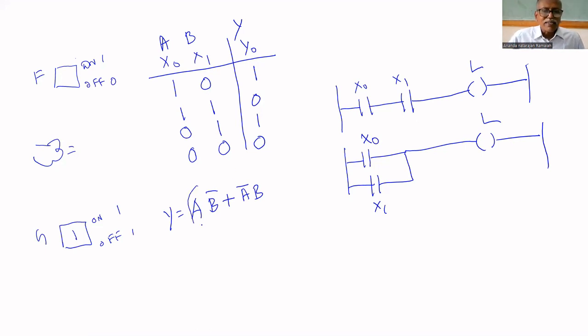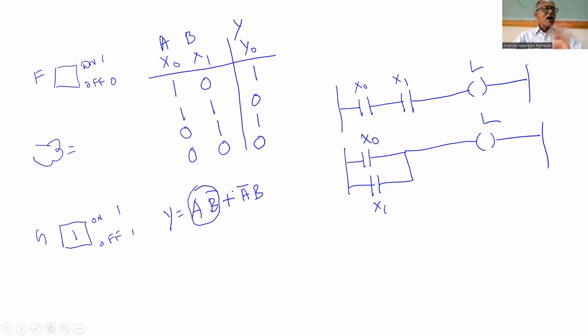These two are AND logic. A and B bar: it means you have to use a normally closed contact. B bar means normally closed, it is like a NOT gate. Bar means NOT gate. So if you use a normally closed contact, that's all.